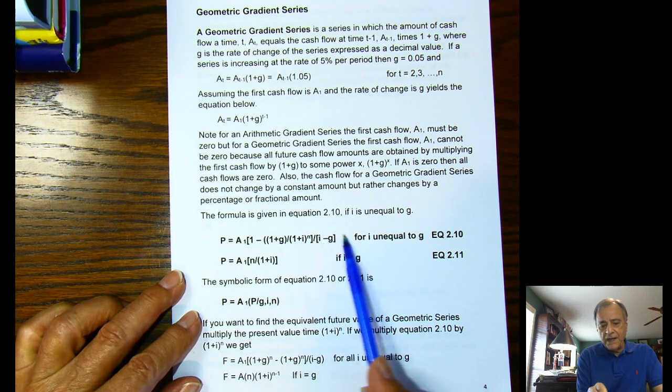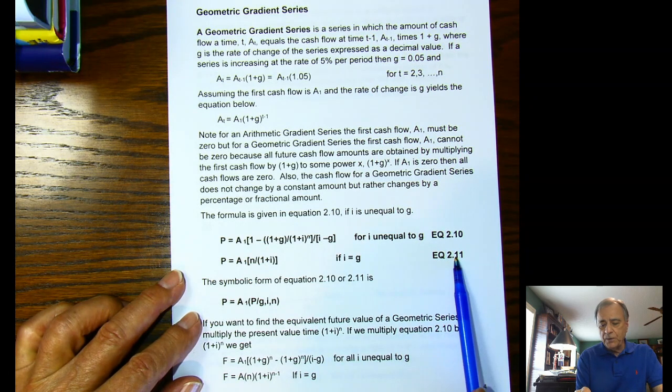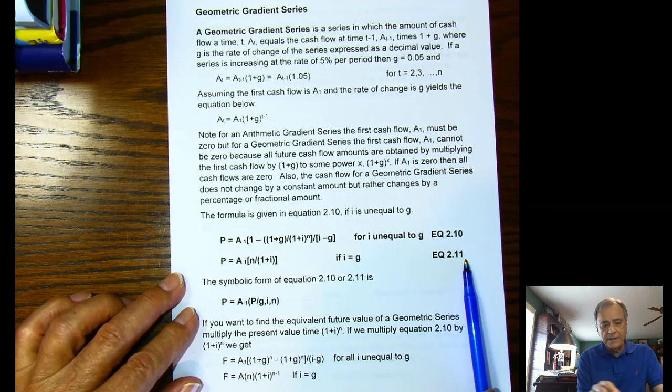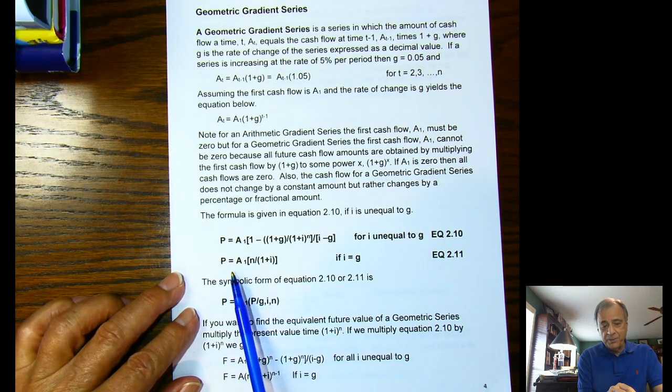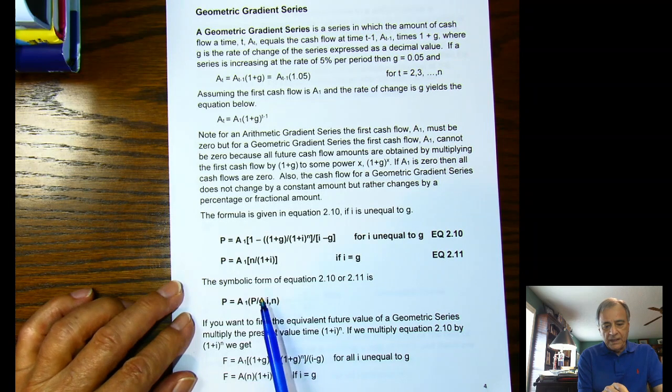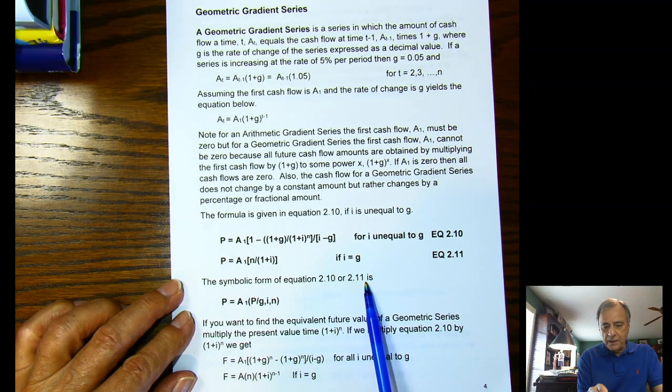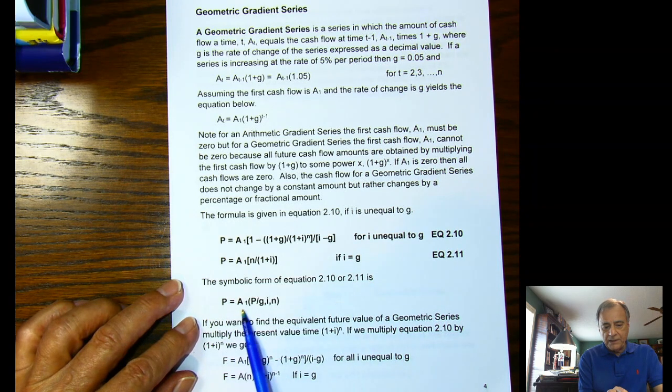So you can't divide by 0. So we have a separate formula when i equals g. That's equation 2.11. And it's a much simpler formula. P is equal to A1 times n over (1 plus i). The symbolic form for equation 2.10 or 2.11 is P is equal to A1, P given g at rate i for n periods.